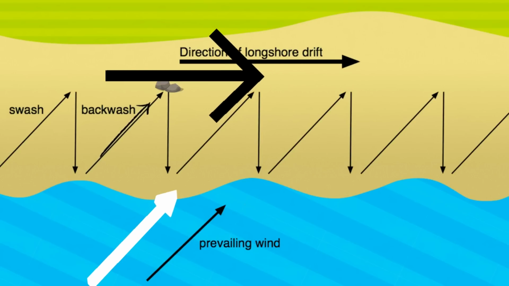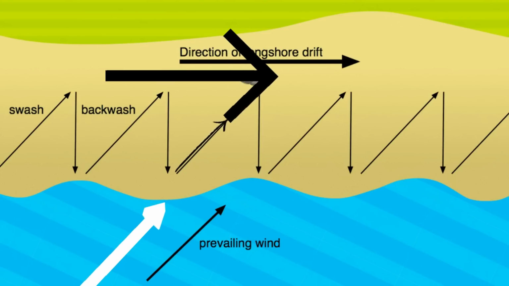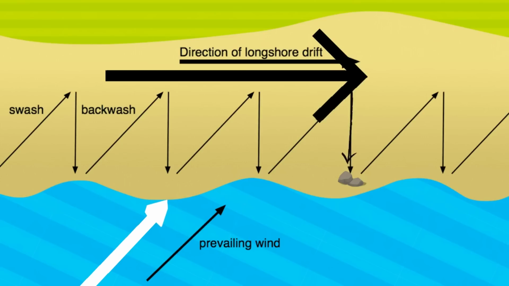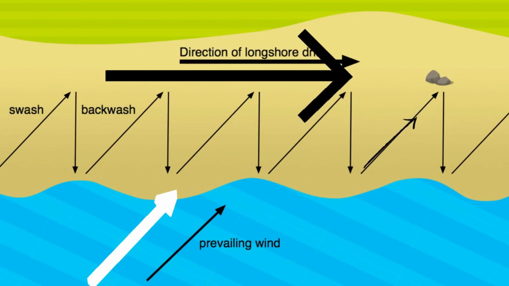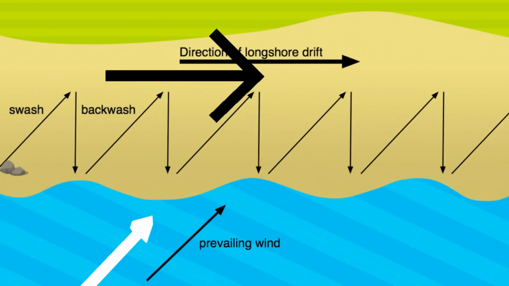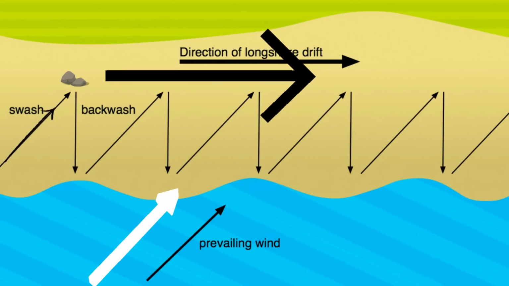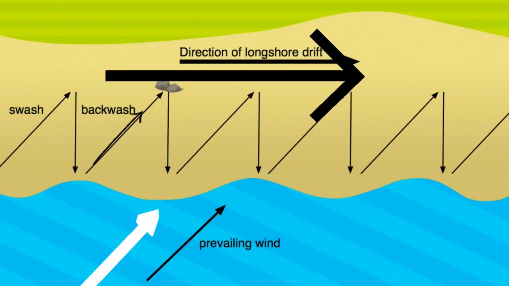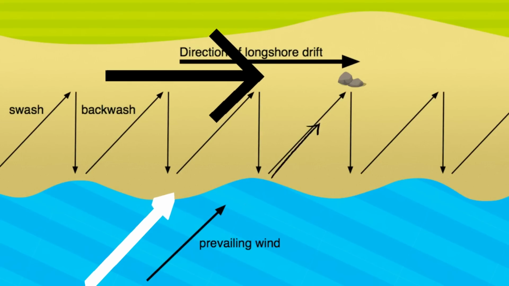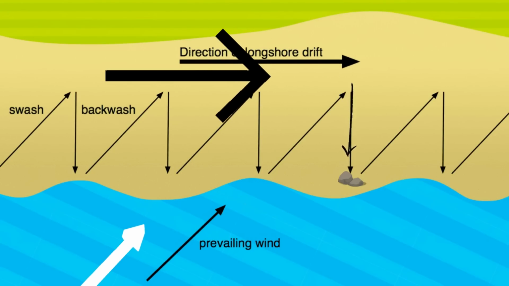All right. Then we also have another type of transportation process. This is longshore drift, and longshore drift is the zigzag movement of material along the shore.